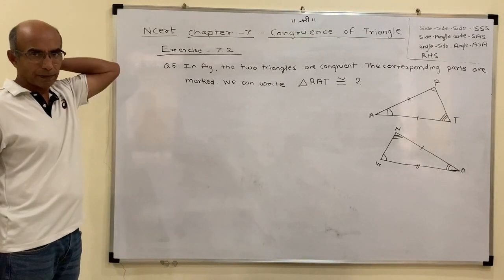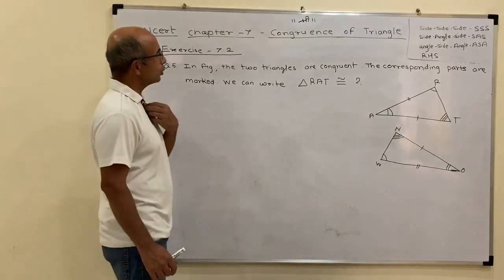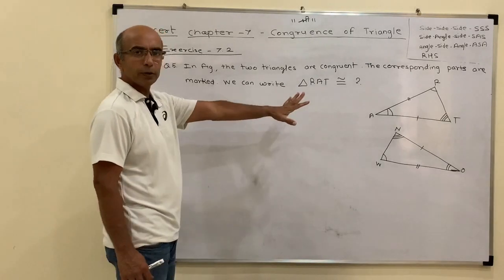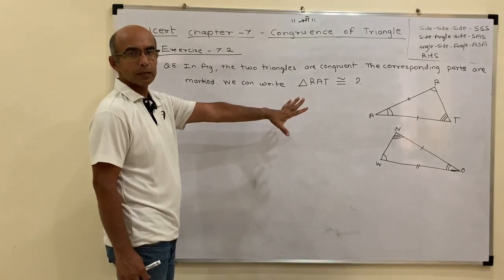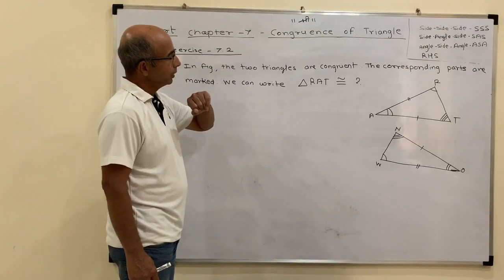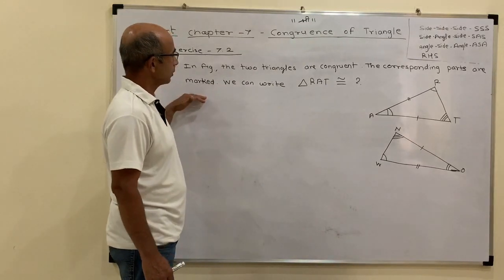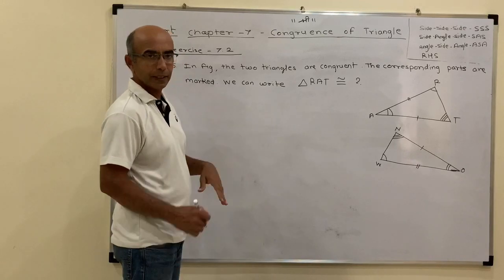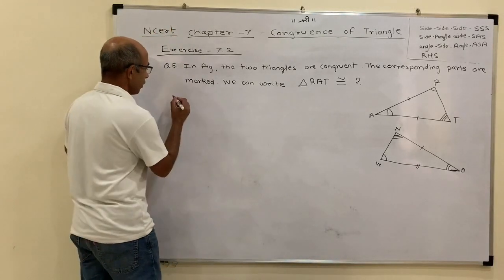Now question 5. They say in the figure two triangles are congruent. They already told that these two triangles are congruent. The corresponding parts are marked. We can write triangle RAT is congruent to what?